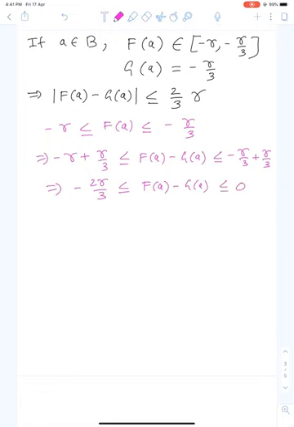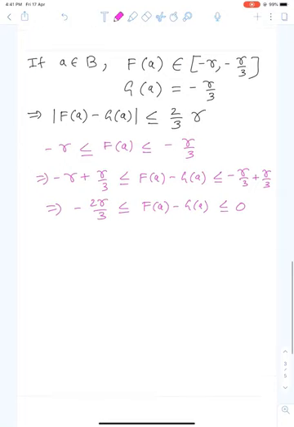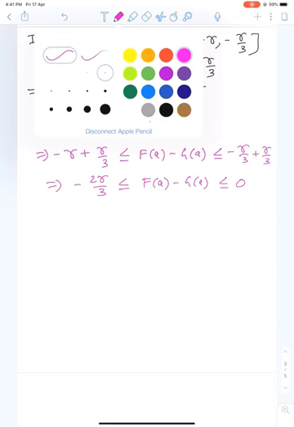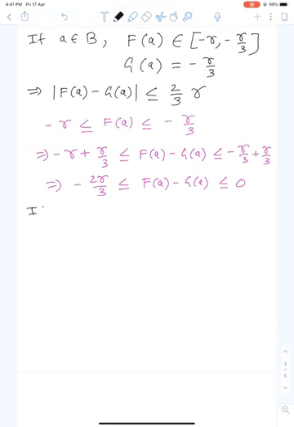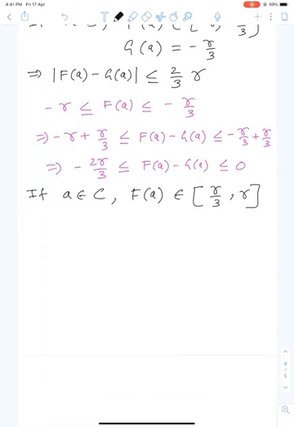So their modulus is less than or equal to 2 by 3 into r. Fine. Now similarly, if a belongs to c, then f of a belongs to r by 3 comma r, that is I3, and g of a equal to r by 3. So what is the difference, f a minus g a? Similarly, we can prove that mod of f of a minus g of a is less than or equal to 2 by 3 into r.